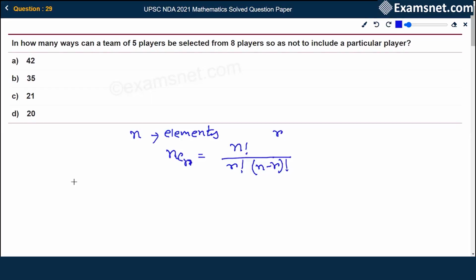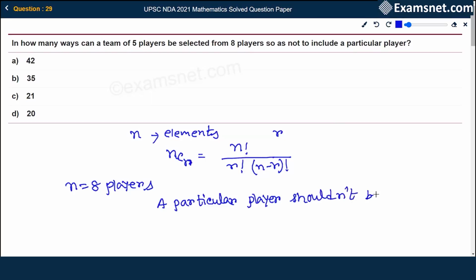And in this case, what is the value for n? 8 players. Fine, the total number of players is 8. Among them, a team must be formed of 5 players, but there is one condition, that is not to include a particular player. So a particular player shouldn't be included, right?